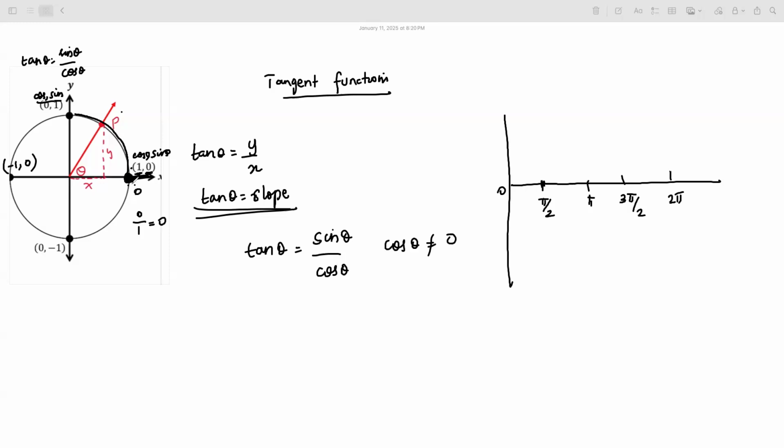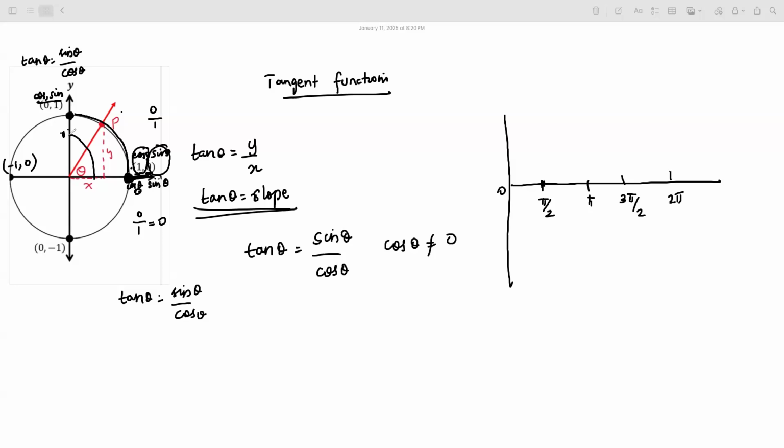For a unit circle, this gives you the cos theta value, this gives you the sin theta value. Tan theta equals sin theta by cos theta, correct? As a result, at 0, this is your cos theta value, this is your sin theta value. 0 by 1 gives tan theta equal to 0 at this point. Go here. Again, this is pi by 2.